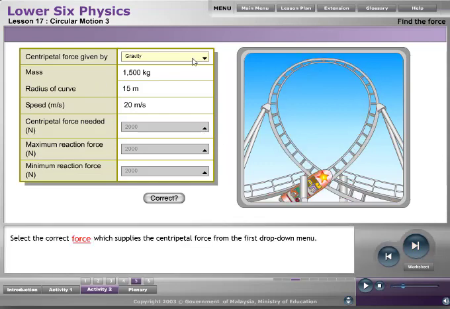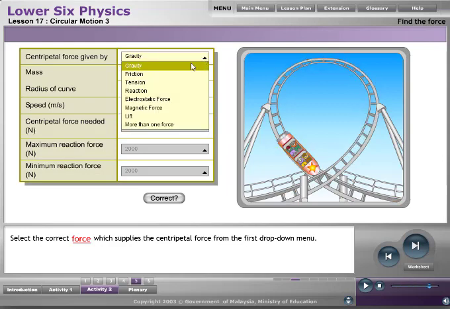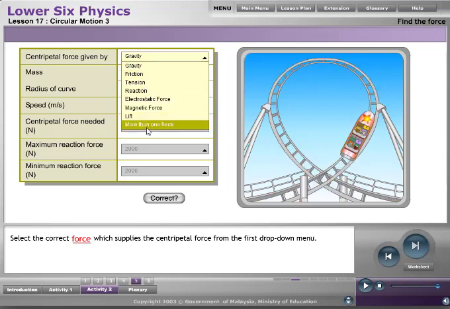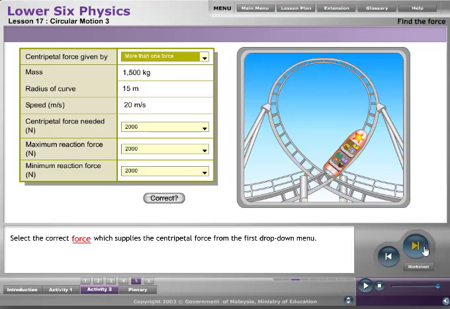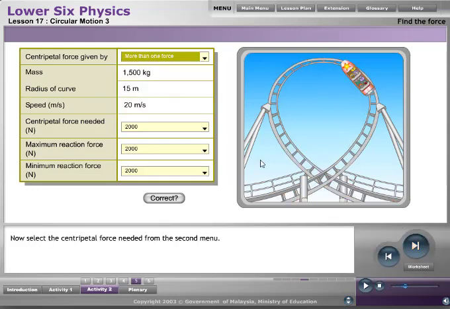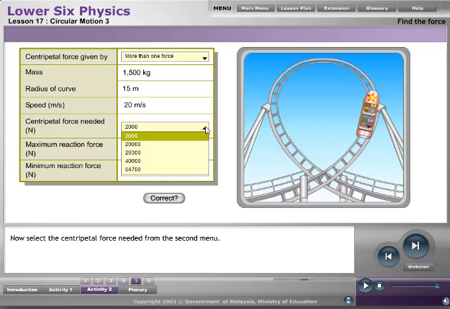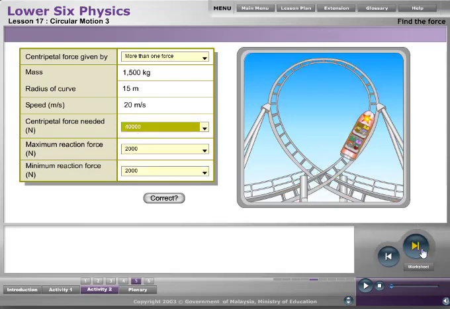Select the correct force which supplies the centripetal force from the first drop-down menu. Now select the centripetal force needed from the second menu. What is the equation for maximum reaction force in words?